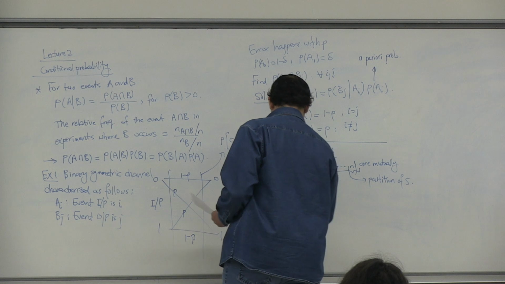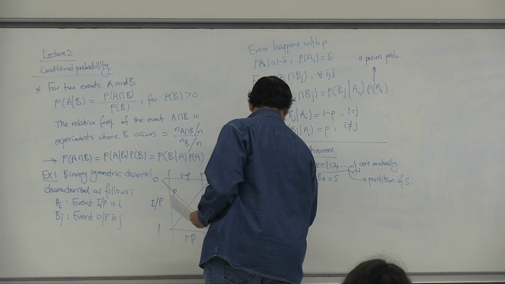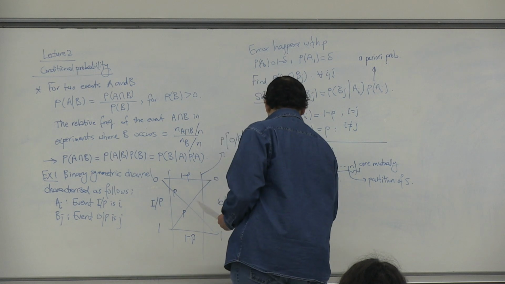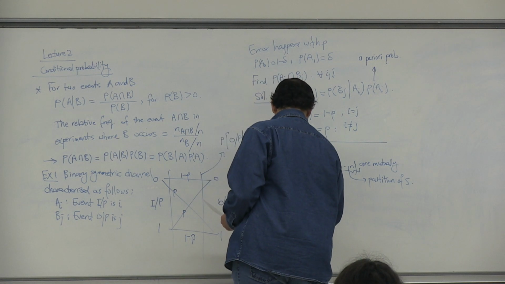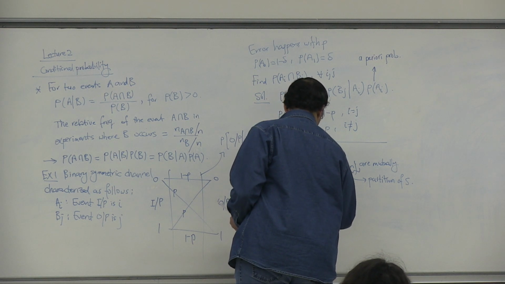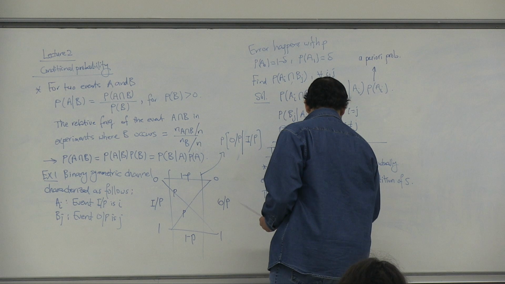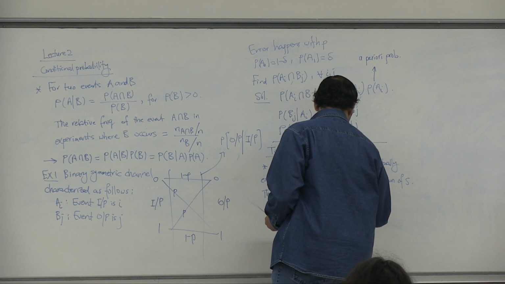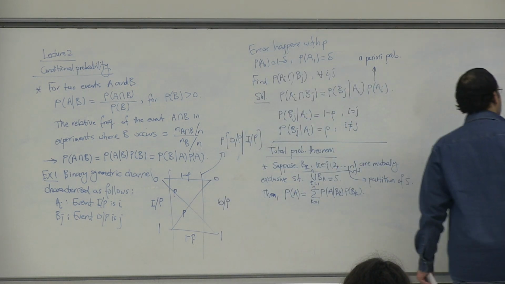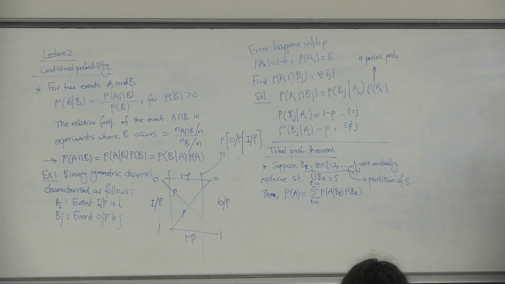Thus, the probability of A is the summation from k equals 1 to n of the probability of A conditioned on B_k times the probability of B_k. Let's assume that A looks like this.